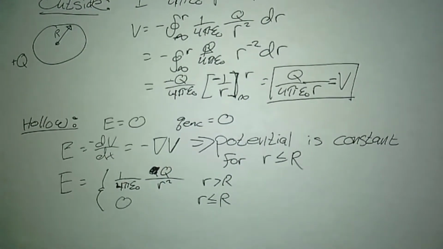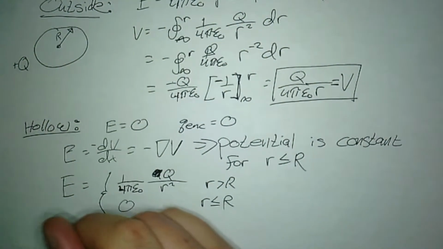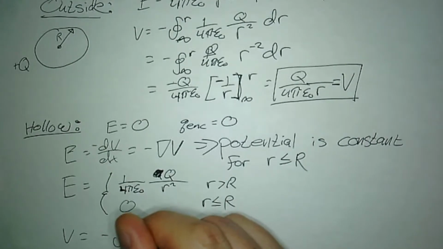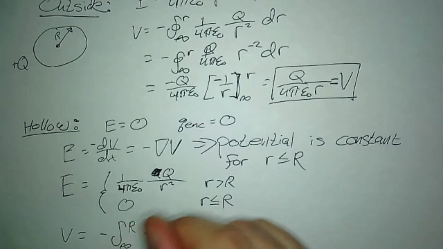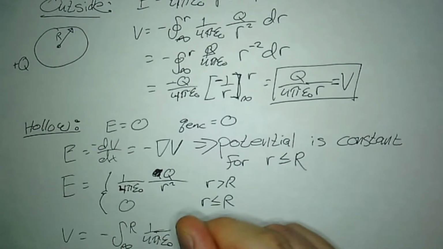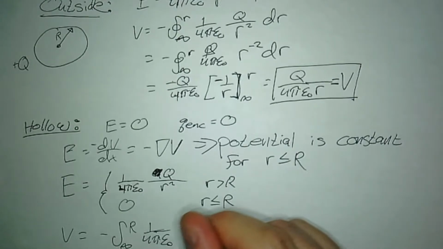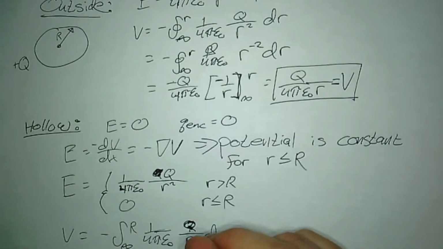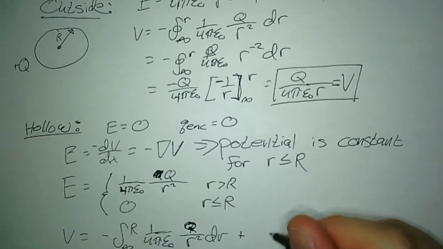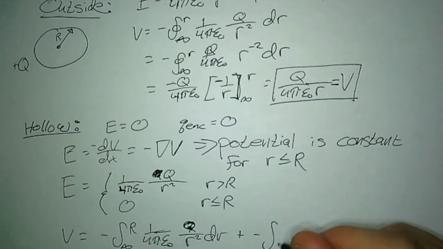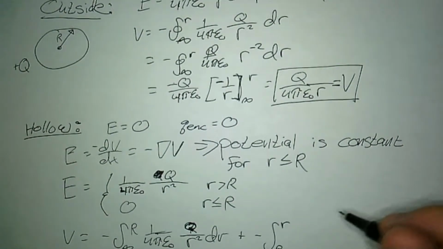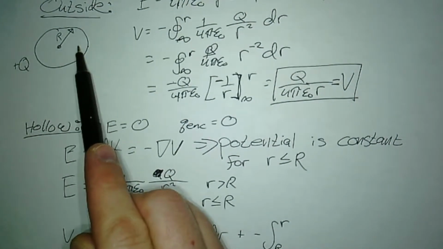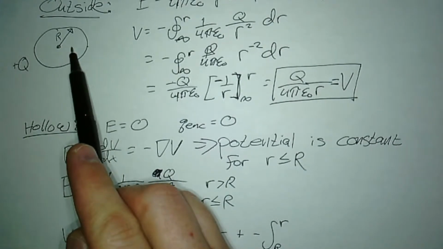So you have to do your integral in 2 steps. So your integral actually will need to look like V equals minus the integral from infinity to capital R of 1 over 4 pi epsilon naught times, I keep wanting to do little q, but I'm using big Q right now, big Q over r squared dr. And then you want to add the integral from R to little r, because as we move inside the sphere, we'd be saying little r is somewhere in here.